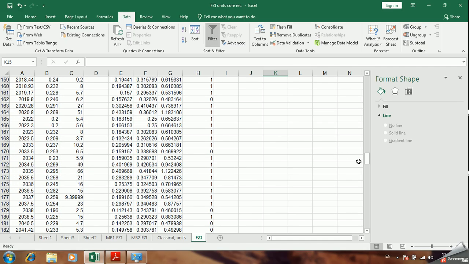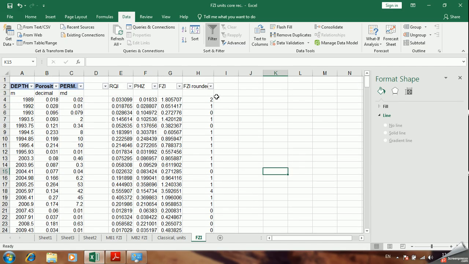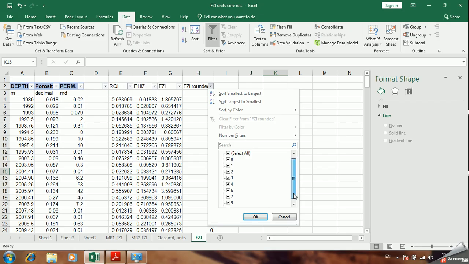So I'm going to add the other numbers from 4 to 9 and not consider them as a flow unit for each one of them. I'm going to add them to the 3. So we are going to have only 4 units.